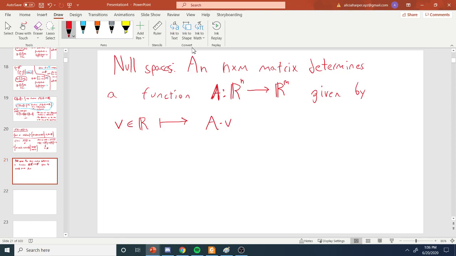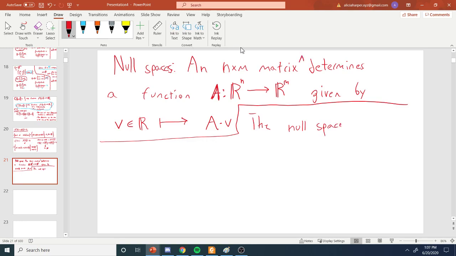So we can now associate to this A a subspace of Rn. The null space, and I'm going to call my matrix A, which is the same label I use for the function, but that hopefully shouldn't cause any confusion.